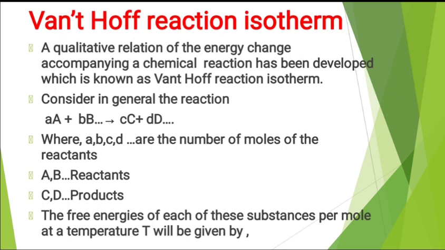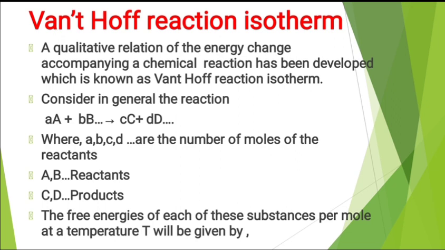Capital A and capital B are the reactants, and capital C and capital D species represent the products. So small a and small b are the number of moles of the reacting species, and small c and small d are the number of moles of the products, that is C and D. So the free energies of each of these substances per mole at a temperature T will be given by.